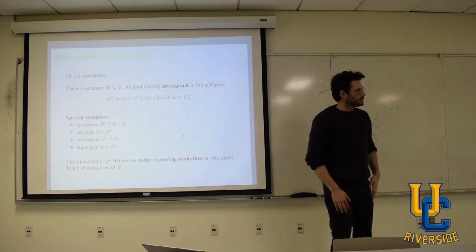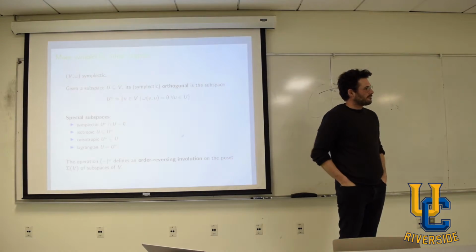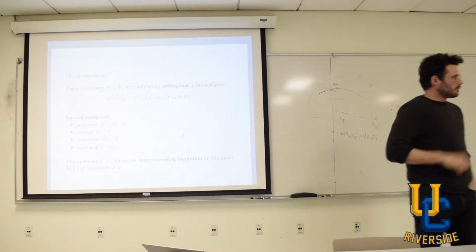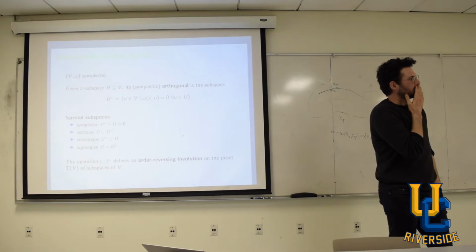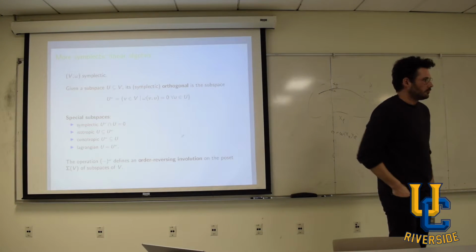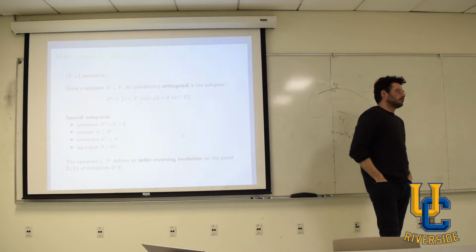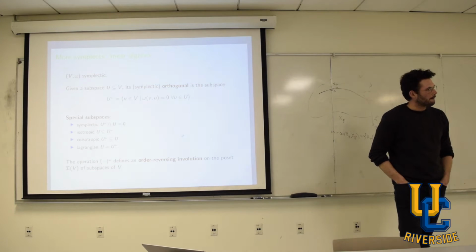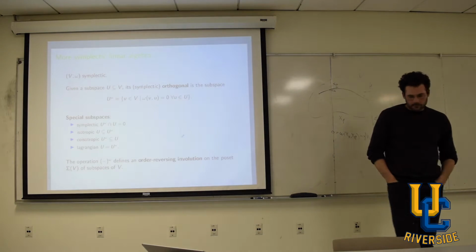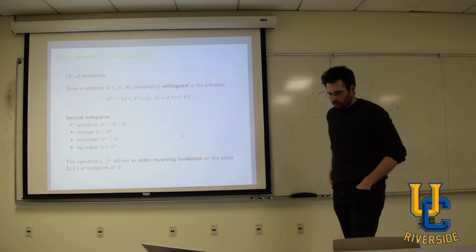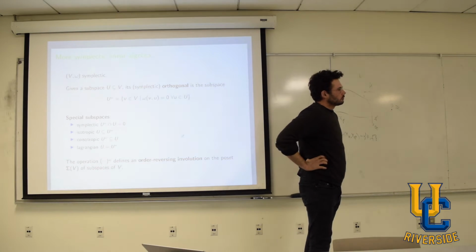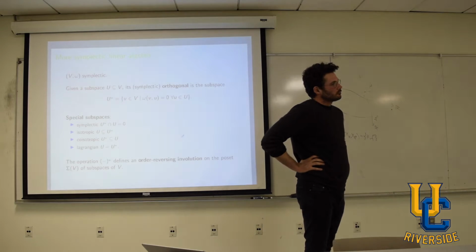So one example is when you have this vector space with a basis of q's, q1 through qn, like position coordinates, and p's that are momentum coordinates. Any space where all that's happening is that the q's are changing and the p's are all 0 would be isotropic.